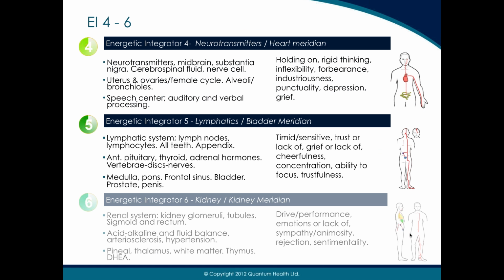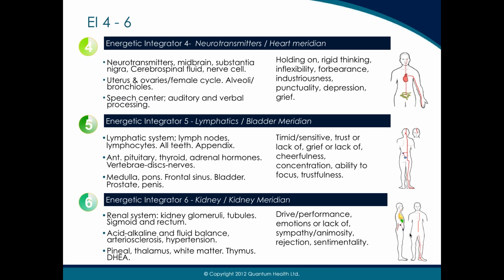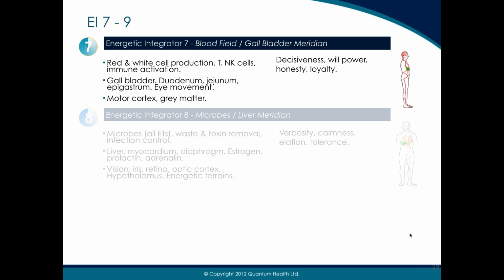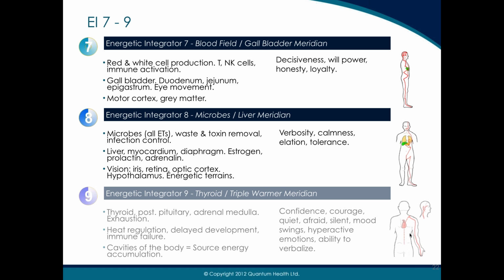So it's all about those 12 meridian systems, updated with much help from Peter Frazier, because the bladder meridian is not only there for your back, it's everything to do with the medulla, the frontal sinuses, the prostate, the vertebra, your disc nerves, also concentration, and so on and so on. That is what we're going to discuss in our classroom education.